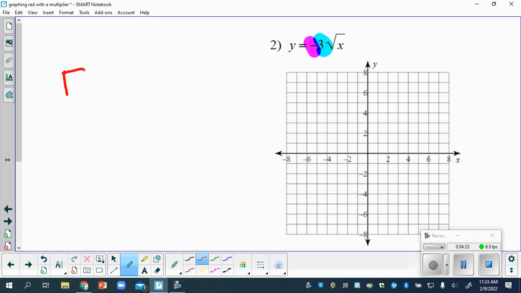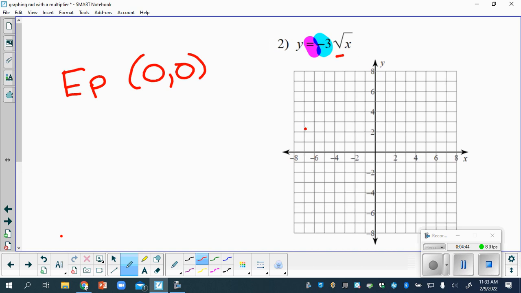We're going to start with our endpoint, and our endpoint is going to be 0, 0, right? Because I have nothing added on here and nothing added on there. So here we go. Now our helping point is going to be 1.